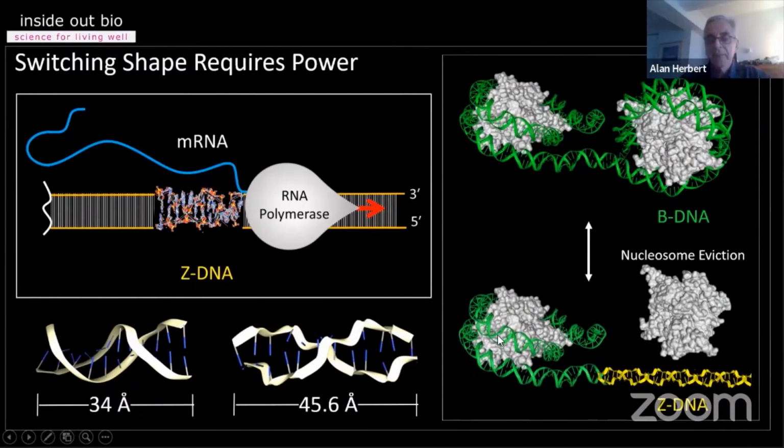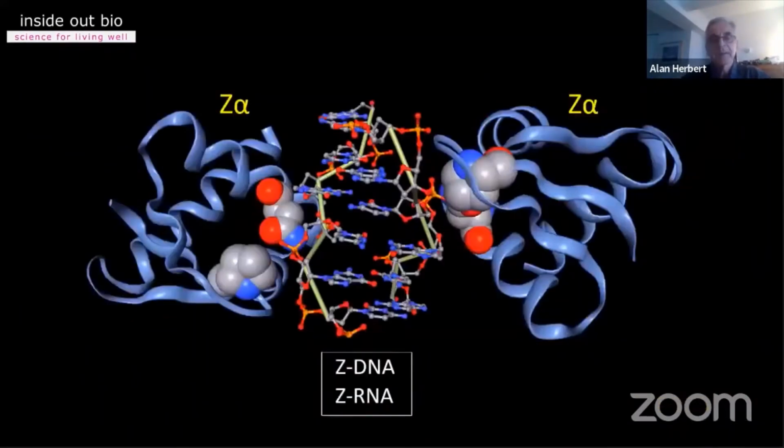But if you flip out the nucleosome and just leave the DNA, you can then generate negative supercoiling, because the negative supercoiling is constrained by this solenoidal wrapping. But when you flip out the nucleosome, suddenly you have all this negative supercoiling generated, and then that can provide the energy to stabilize ZDNA. So there's a variety of different ways that you can flip a sequence from B to Z.